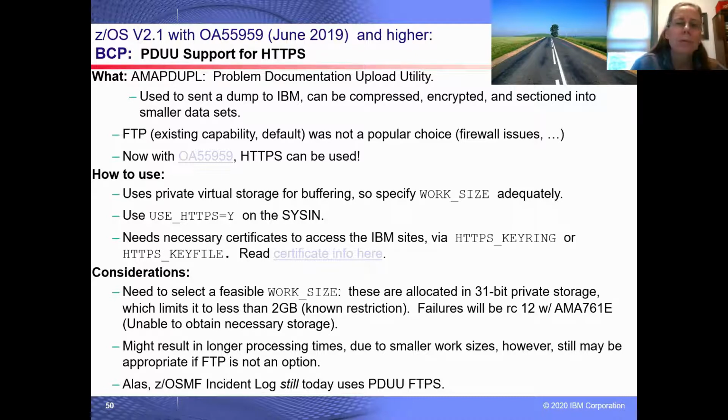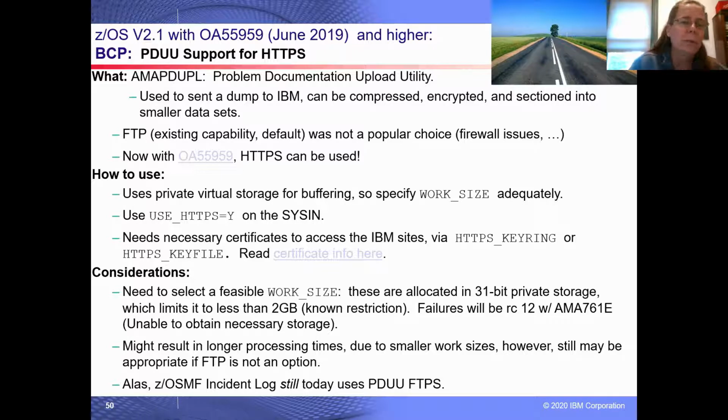And you can compress those dumps, section them into smaller pieces, and encrypt them. Now the existing capability was only with FTP, and not a lot of people are a fan of sending a lot of information over FTP, so finally we were able to use the transmission method of HTTPS, which everybody prefers.